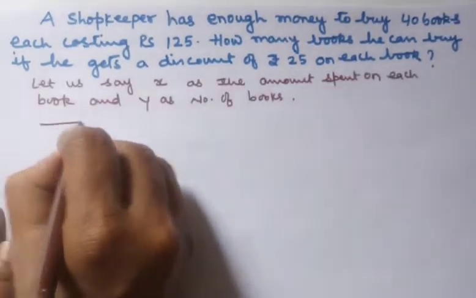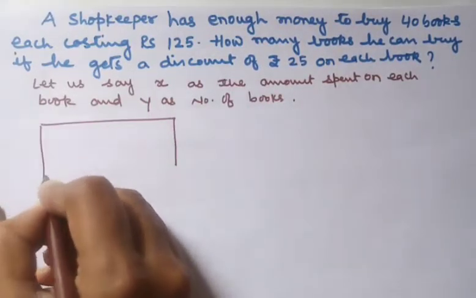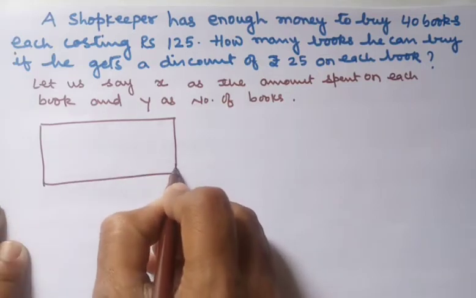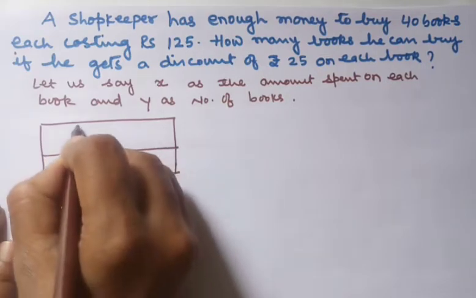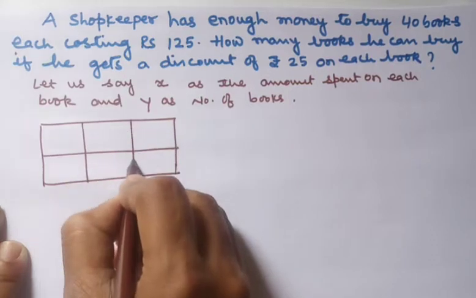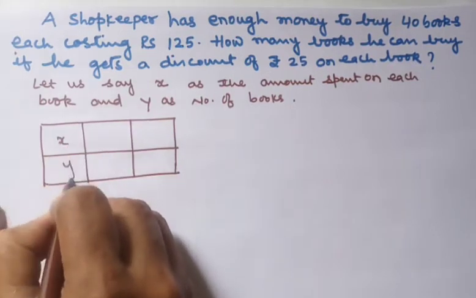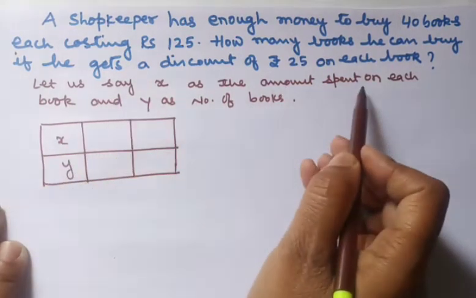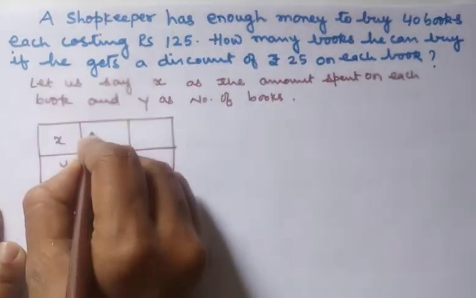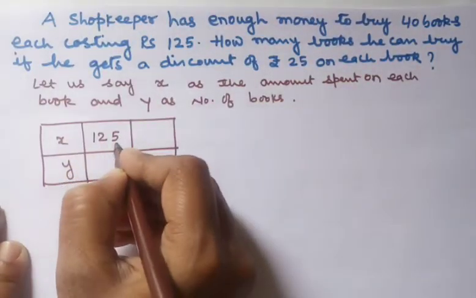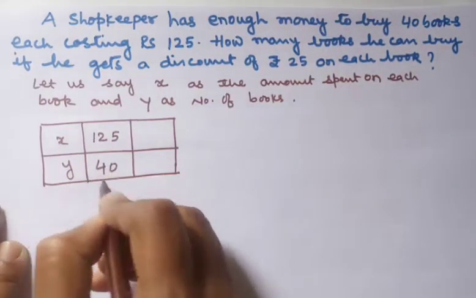Now see, let us make the table first. What is given? x is the amount spent on each book. On each book, if he is spending 125 rupees, he can buy 40 books.